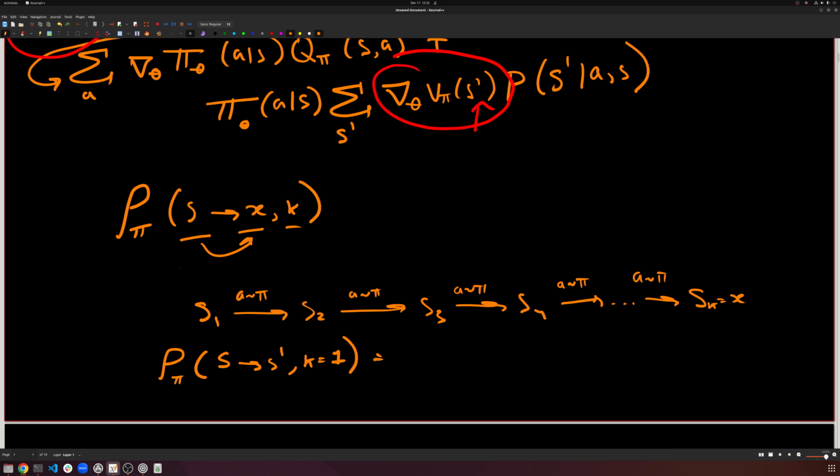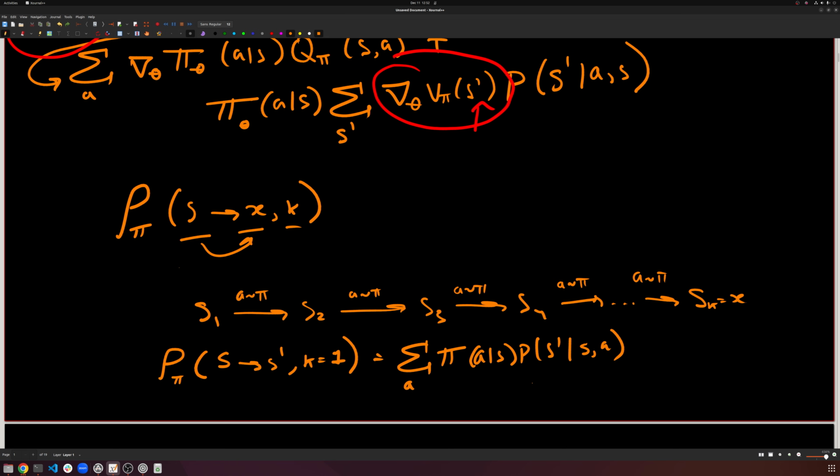Well, we know what that is. That's just our standard transition probability, written the same way as always. We have the sum over actions of the policy, the probability of action given state, times the probability of getting to that next state given that you took that action at that state. This prescribes what action to take, and this is the probability of actually successfully making it to s prime from s given that you took that action. And this is our standard one-step probability.